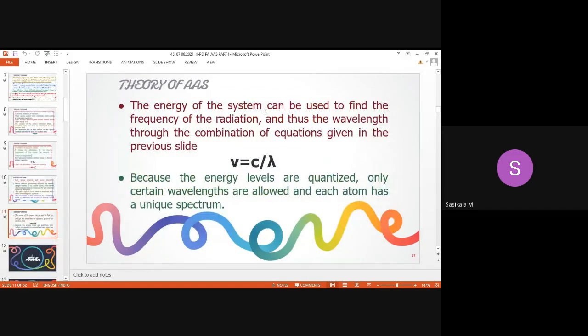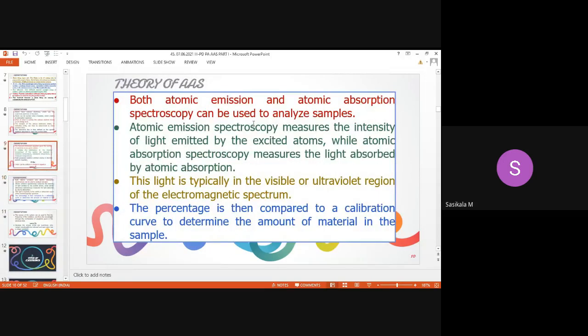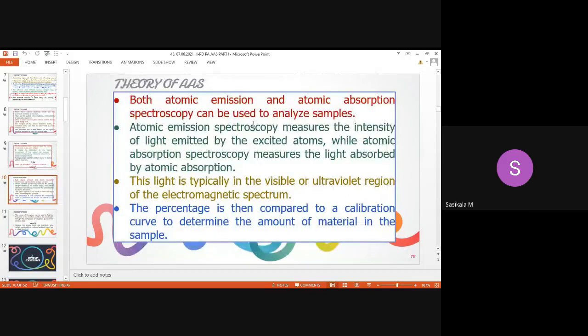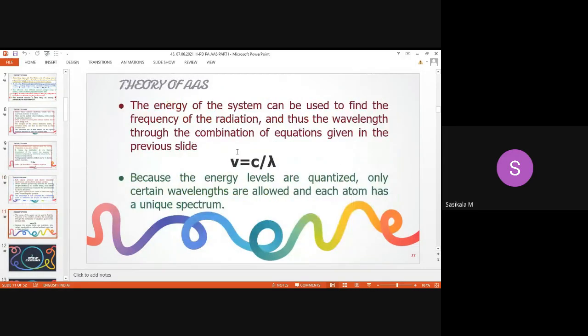This is the equation we get when combining Planck's equation and Einstein's equation. That is applicable for atomic absorption spectroscopy, where lambda is wavelength and c is velocity.